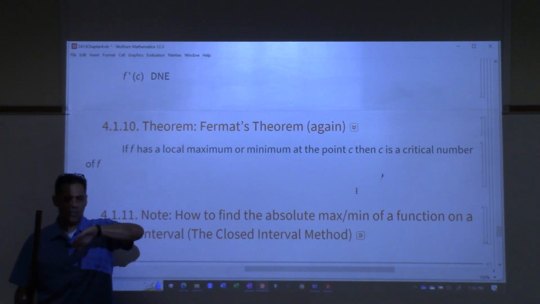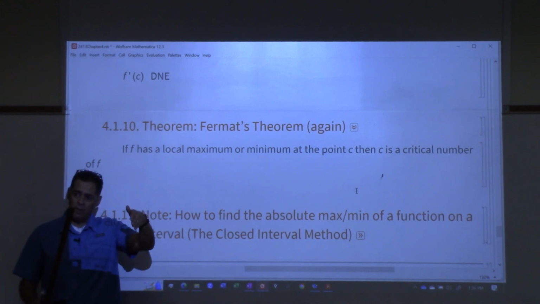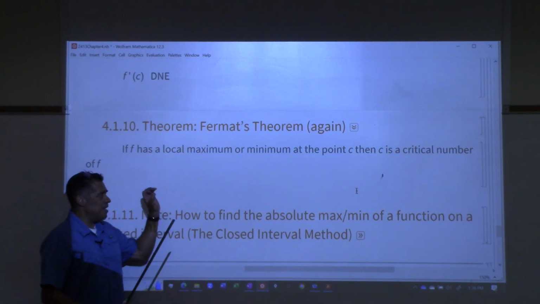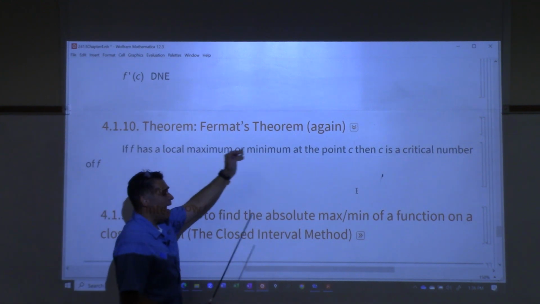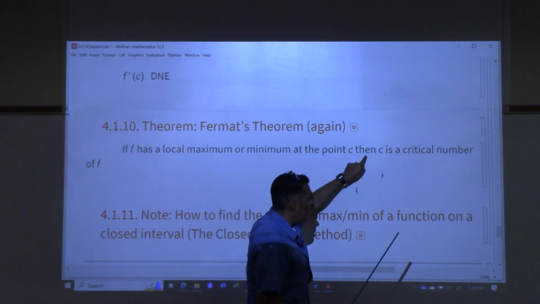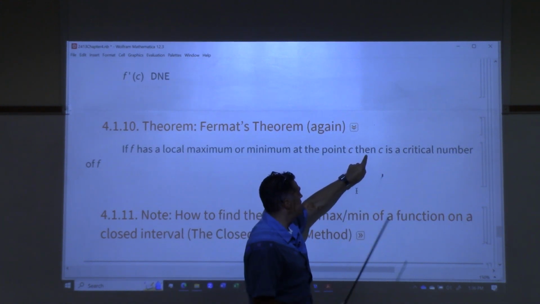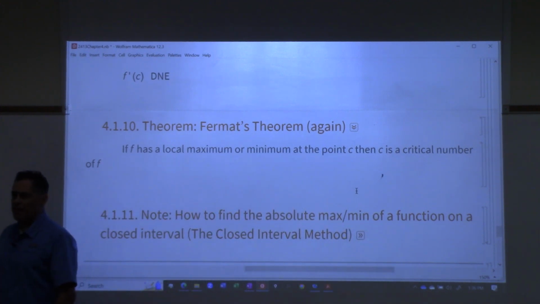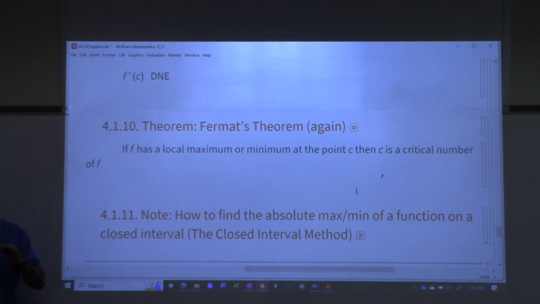So imagine you have a function, it goes up, you have a hilltop, or it goes down, you have a valley, something like that. This theorem says if you have a hilltop or valley at some point C, then guaranteed 100% that C must be a critical number. Which is saying that peaks and valleys occur either where your derivative is 0 or your derivative doesn't exist. So I'm going to draw a picture for you.